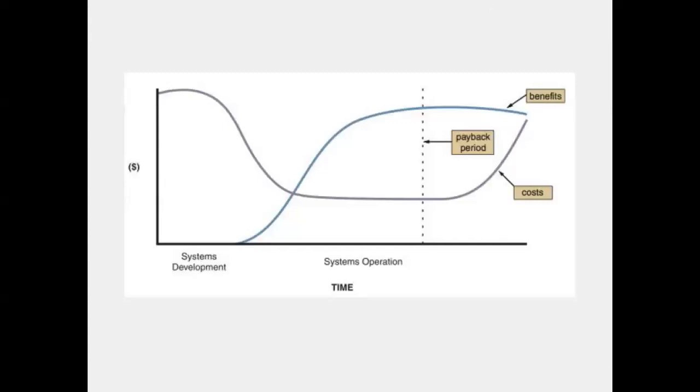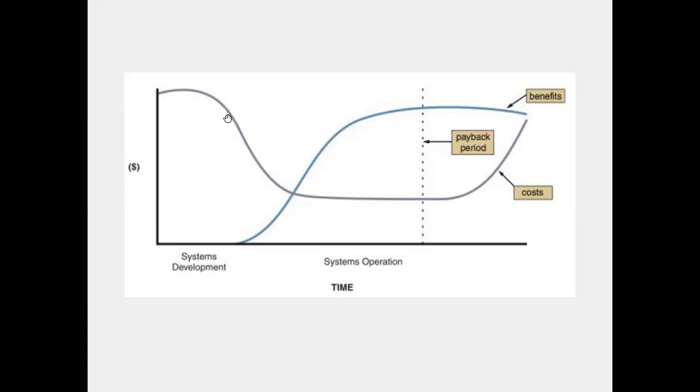We know that when you are developing an information system, you need to spend quite a lot of money in the beginning to develop the system. Then after some time, it will gradually reduce and stay constant, and then after some time the cost will increase again.